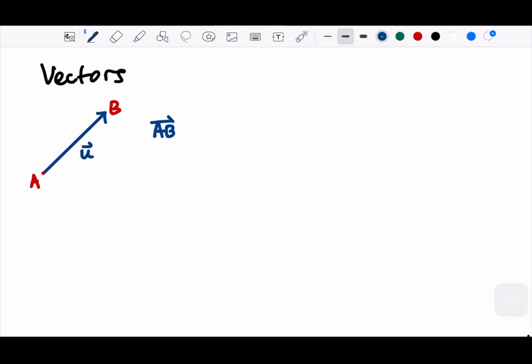That means it's a vector from A to B, right? This is the initial point, and this is the terminal point.